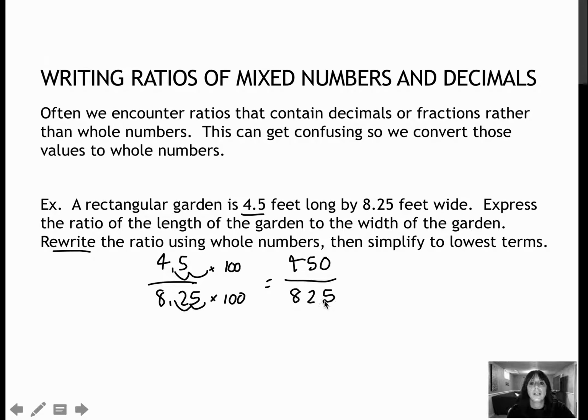Now I've got two nice whole numbers, no decimals, but I still need to simplify to lowest terms the same way that I normally would. So just start dividing by values that you know would go into them. It looks to me like 25 would go into both of those values.